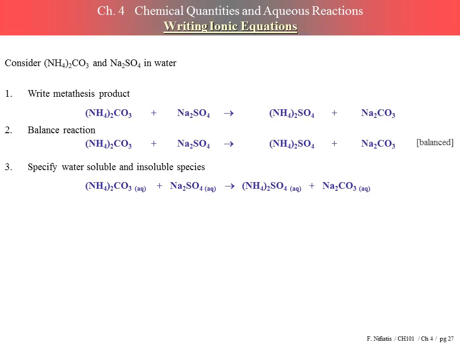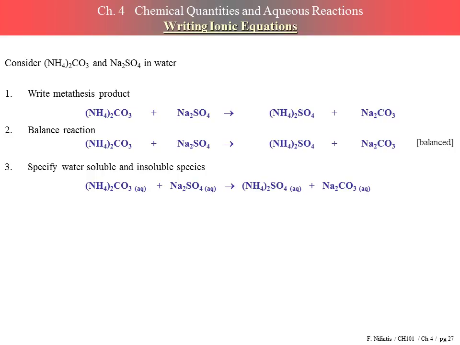That's something that we see from the solubility table. This one here is water soluble, water soluble. Always your starting material is going to be water soluble. You're safe to write AQ and AQ for the starting material without looking. You will have to look for the product. This is water soluble and this is water soluble as well.